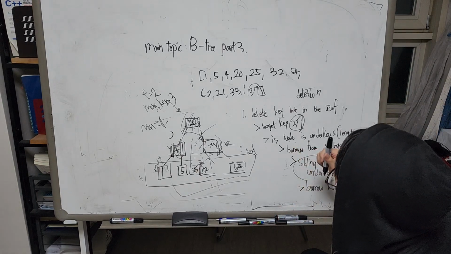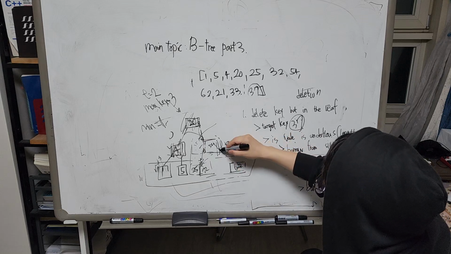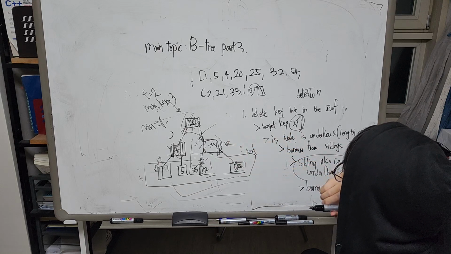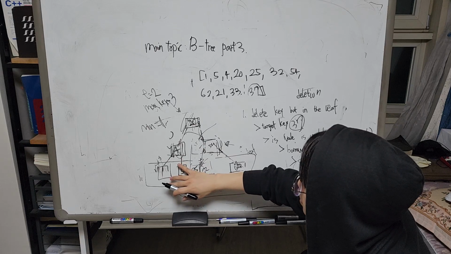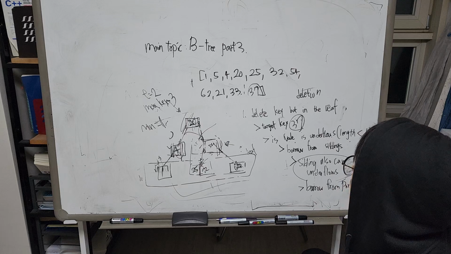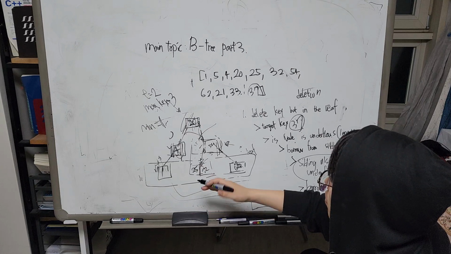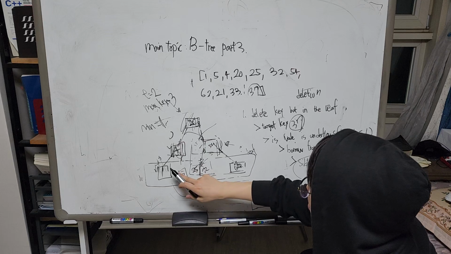But what if the next value we have to delete is the 5? If you're trying to delete 5, you cannot really borrow from the siblings, right?